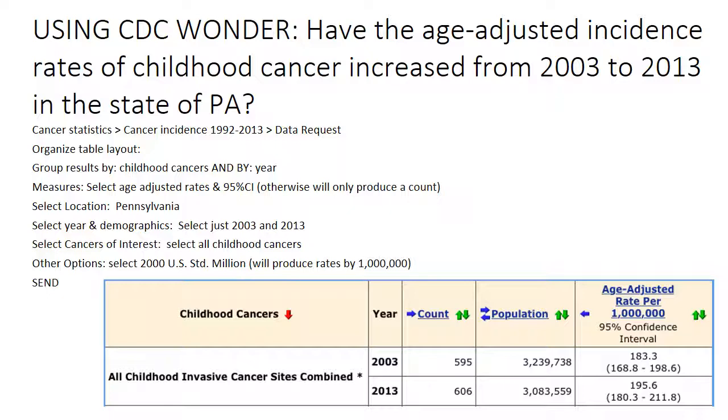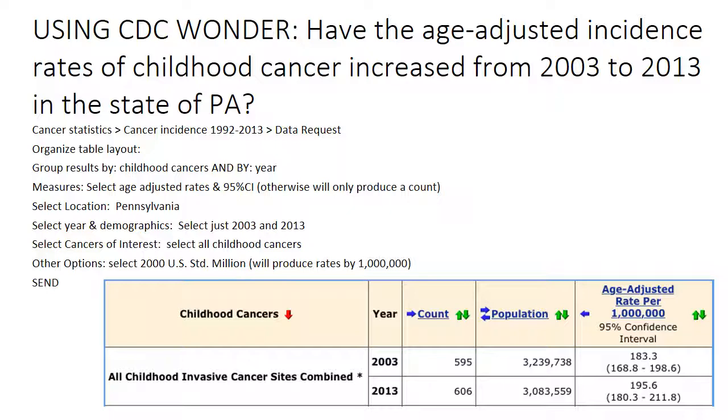Now these are a number of options I have listed here of how I got the table that's shown on the bottom here. So we're going to organize the table layout in a number of ways. We want to group the results by childhood cancer and by year. That'll give us the column of showing comparing the years, the counts, and the rates.